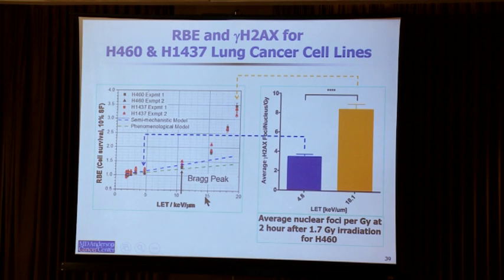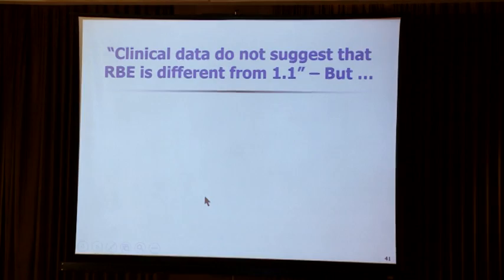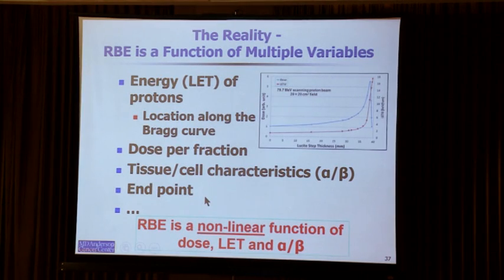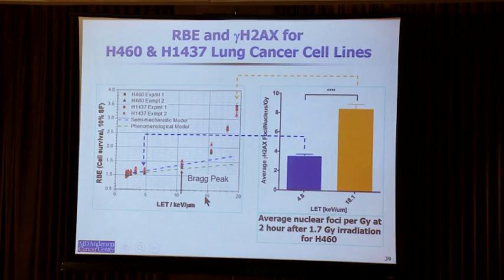This is the work we did a couple of years ago, and what you see is that the RBE is not a constant function, but it changes very, very much. This is where the Bragg peak is, and what you see here is that from entrance to the Bragg peak, LET is rising gently, linearly.